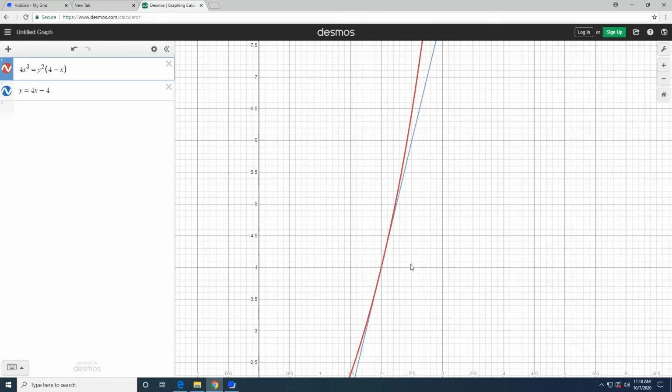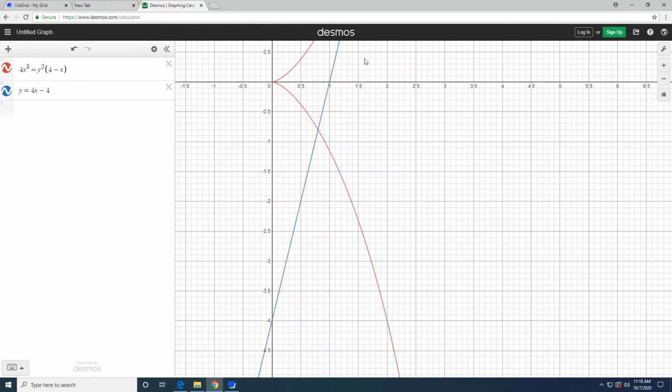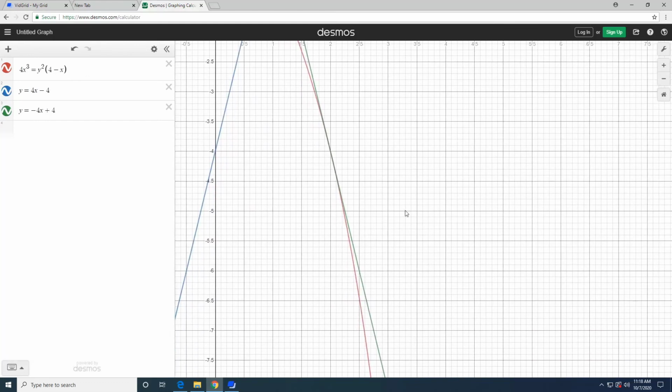And then the other one, (2, -4), right here, we should have y equals negative 4x plus 4. And that would be the tangent at that point. And it looks like we got it right. So any questions about that?